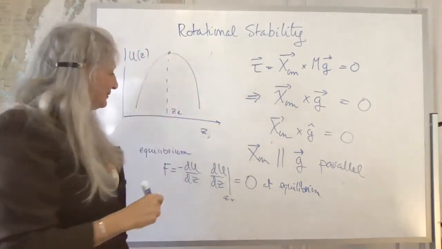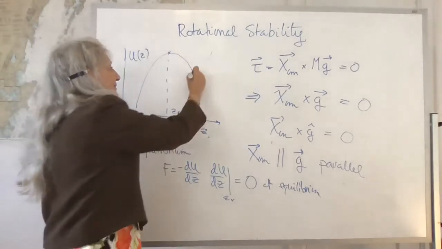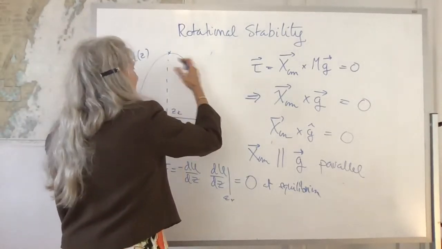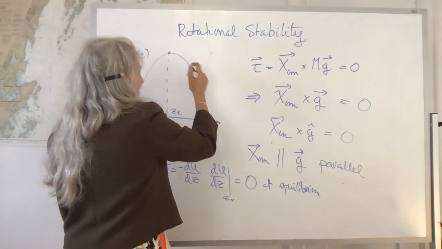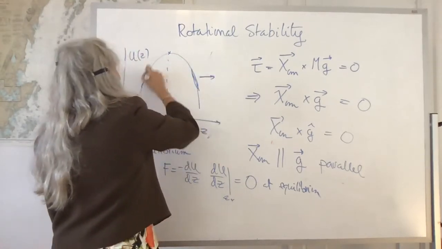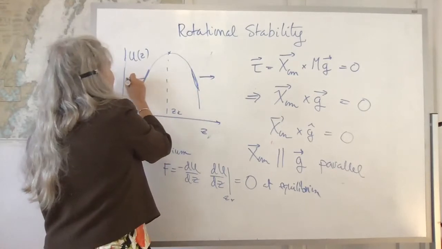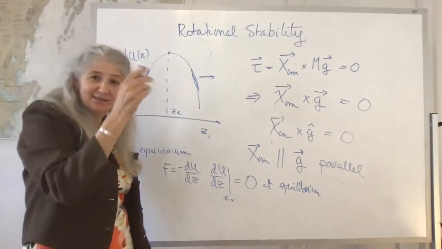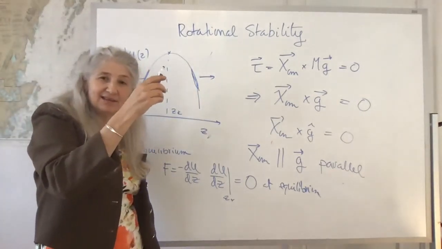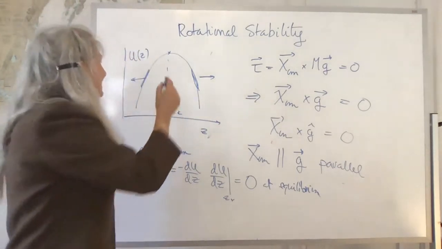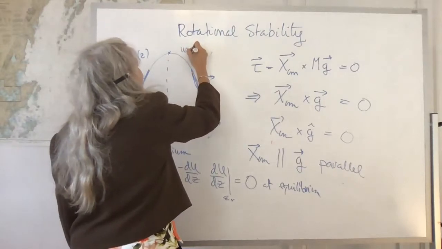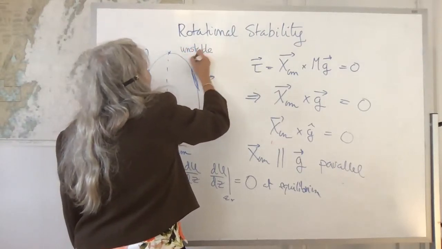This is still an equilibrium point, but now this is a negative slope, so the force is in the opposite direction, that way. This is a positive slope, and the force is now in that direction. So if I take the pendulum and tilt it very slightly over, it forces it away from the equilibrium point. And this is an unstable equilibrium.